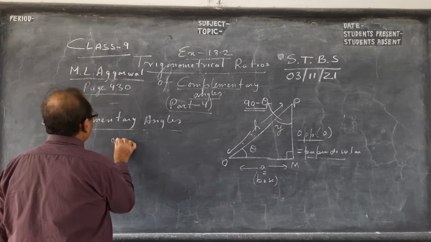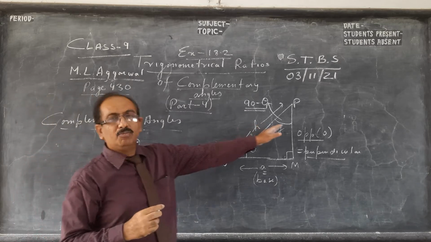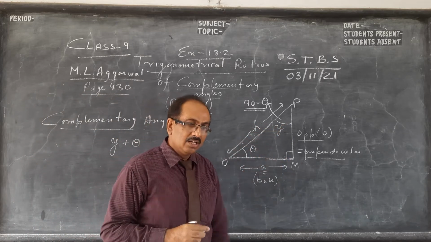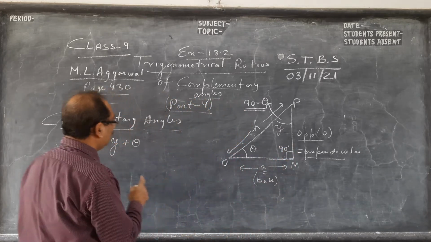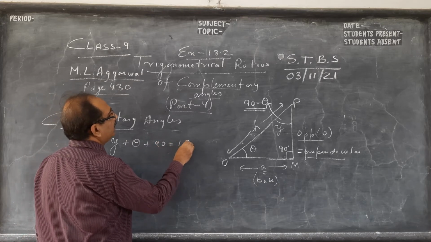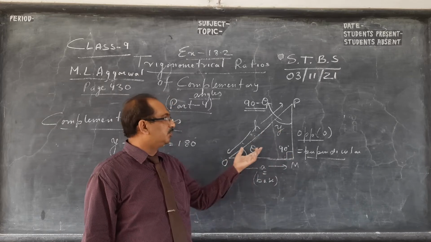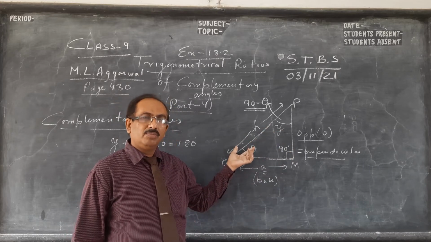So we know y, listen very carefully, plus theta, the sum of 3 angles, this is a junior school concept, this plus this is 180 degrees, and you know we are talking about the measurement of a triangle, especially a right angle triangle, is 180 degrees. In short, we can say, children, this is 90, the sum of these two will be 90. This is 90, the sum of these two will be 90, then total will be 180.